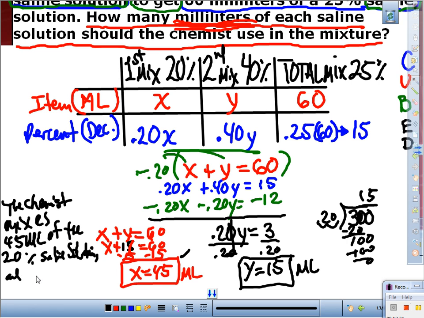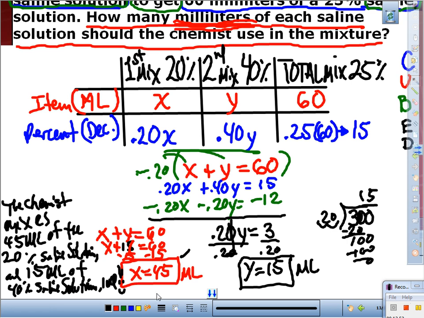And what else? 15 milliliters of 40% saline solution. That's it.